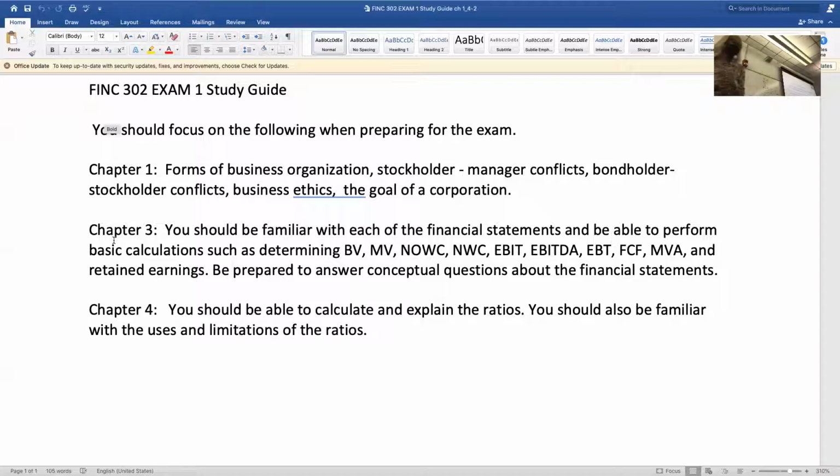Okay, yeah, section 3.8, MVA and EVA, you can skip that section. Section 3.8, EVA and MVA, you can skip. And then the income tax section, you can skip.